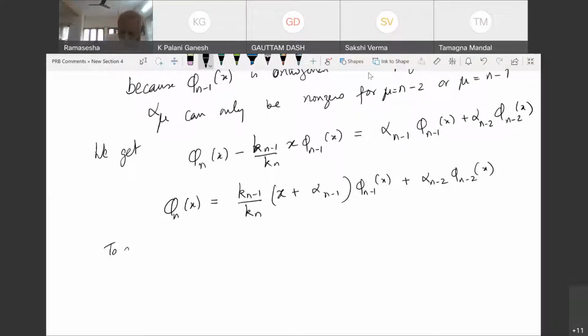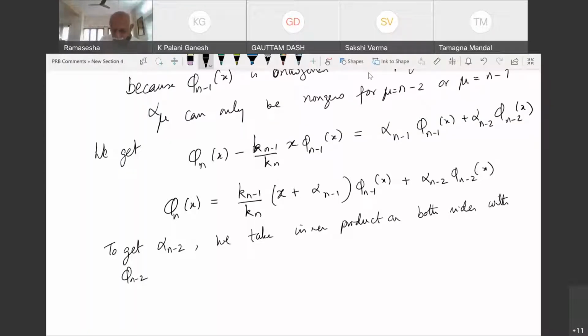To get alpha n minus 2, we take inner product on both sides with Pn minus 2. So what do I get?